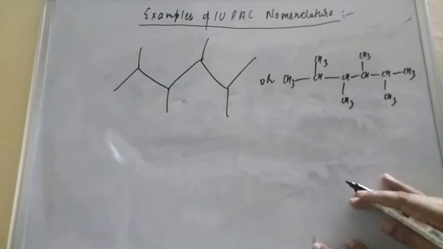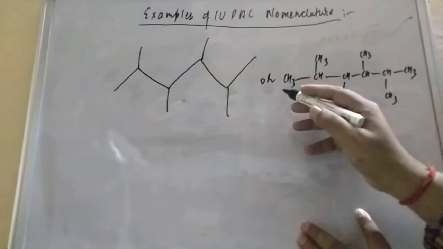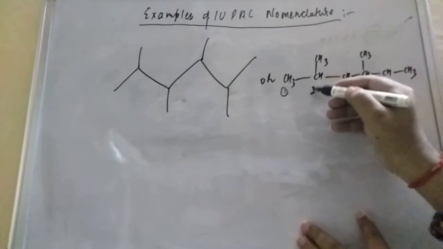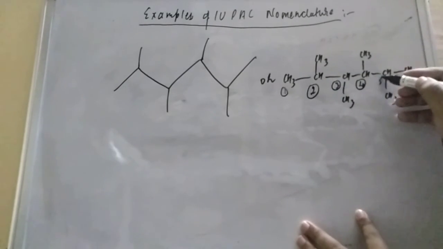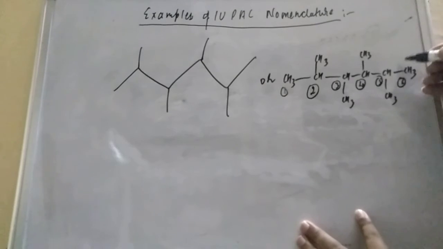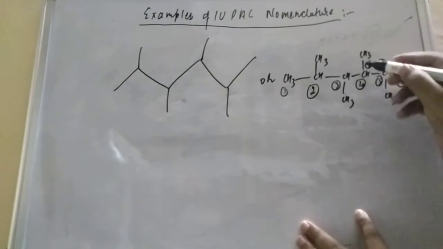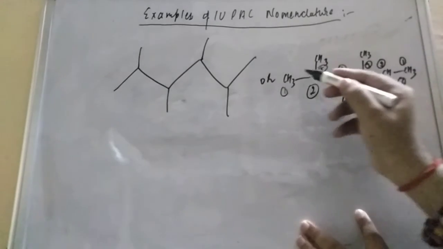Dear student, what we have to do is the numbering. If you go this side, 1, 2, 3, 4, 5, 6, and if you go the other way, this is 1, this is 2, this is 3, this is 4, this is 5, and this is 6.